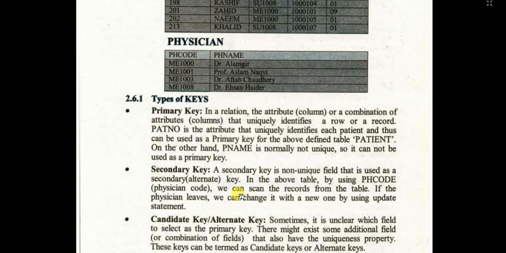The attributes registration number and roll number: the student has a registration number, and he has a roll number that is allotted to him afterwards. Both of them are unique fields and neither has any null values. So both of them can be referred to as a key. We say that they are candidate keys because they can serve their purpose as a key. So a relation can have many candidate keys.